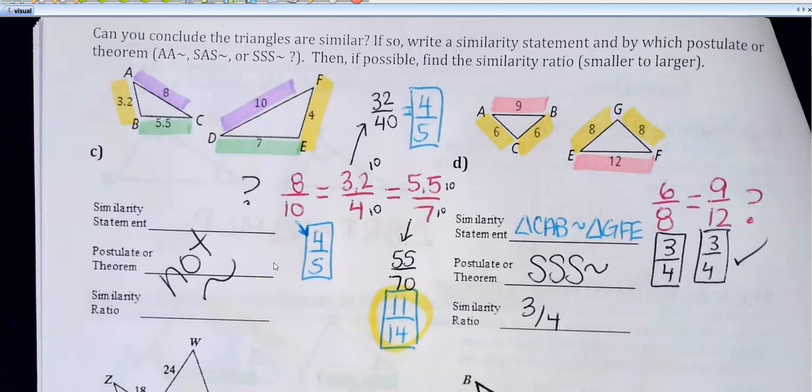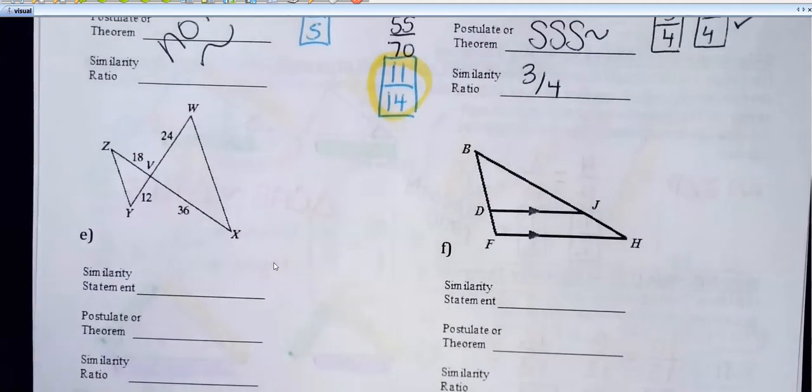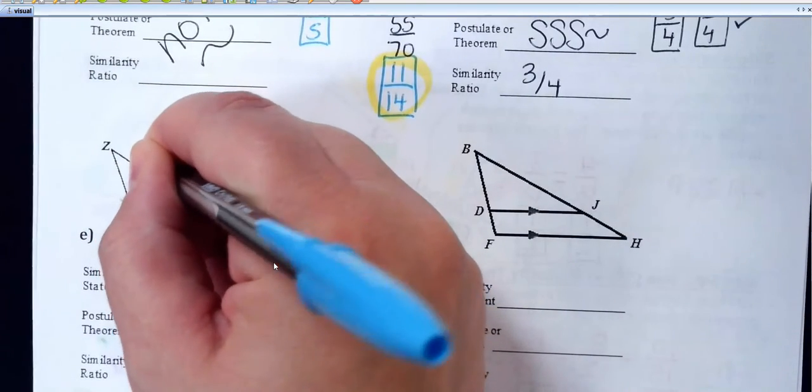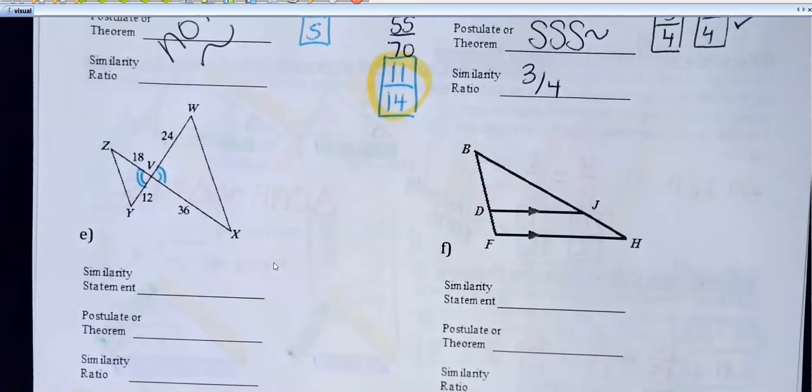Okay. Now, what I would tell you on part E, automatically, these triangles intersect each other, that little X shape, automatically, I've got vertical angles right here, right? So I'm going to mark that in the picture. I have 2 sets of sides in each. So if these were similar to each other, let me ask you this question.